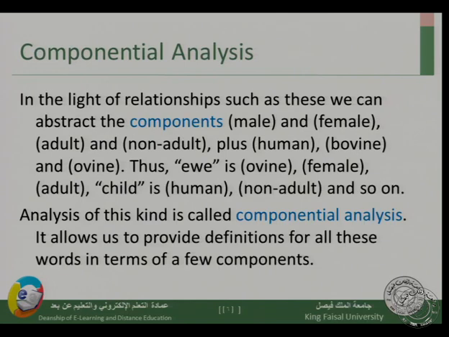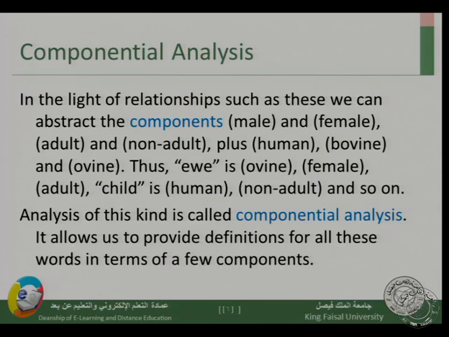So we can use this to analyze these words and give them components. And seeing those relationships that we looked at in the previous slide, we can give names for these components, like male, we put it between round brackets, female, adult, non-adult, and also human, bovine, and ovine, like we said previously.